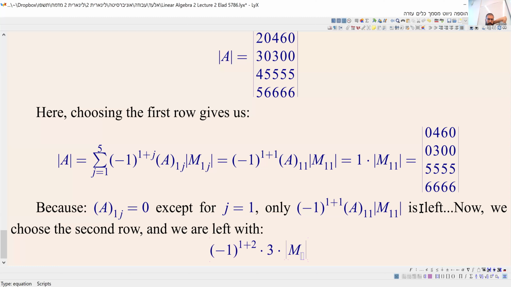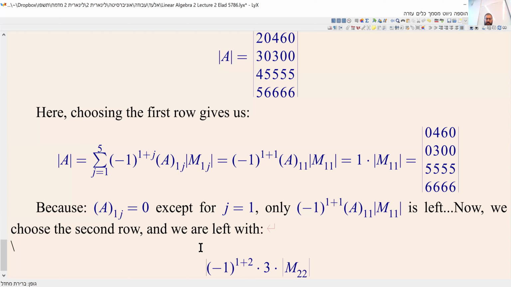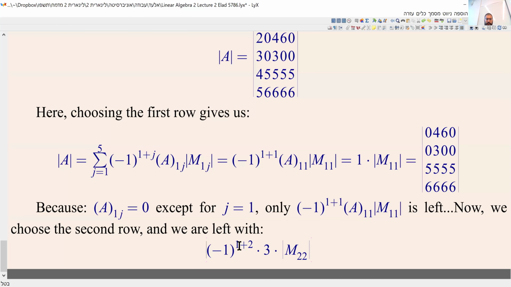No, it's 2, 2. So it is 2, 2 here, not 1, 2. My mistake. My bad.